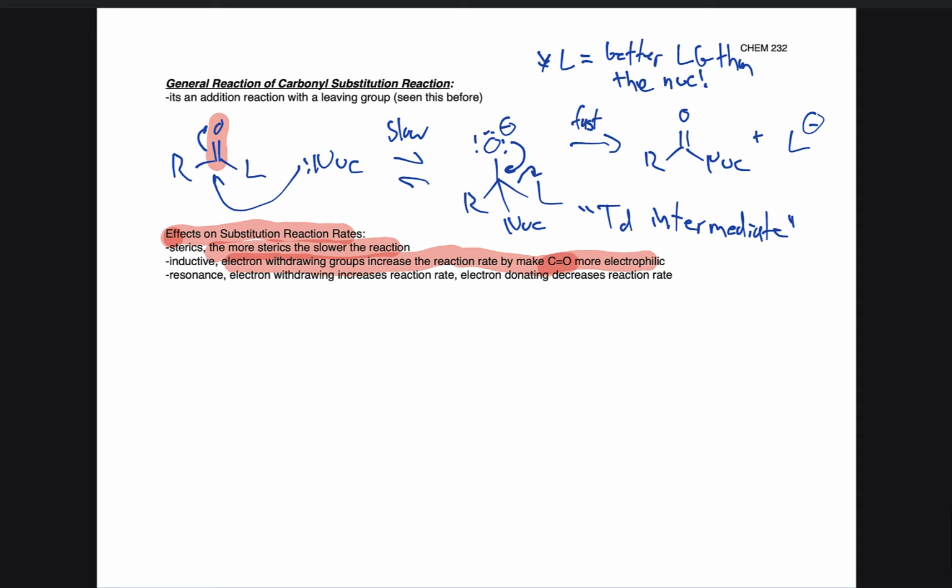And the last thing that affects this is resonance. So electron withdrawing increases the reaction rate, and anything that donates decreases the reaction rate. So something like chlorine as a leaving group is pulling pretty hard on those electrons, making that more reactive. But anything with resonance may also increase that reaction rate.